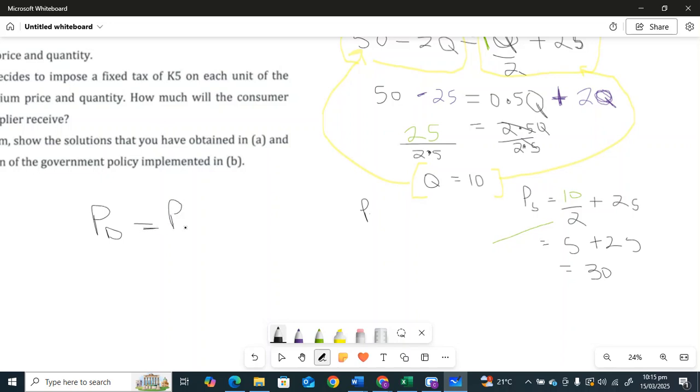But since a tax has been imposed, add the tax to PS. There's a value added tax, what you pay for the good includes the tax. Then the supplier and government will share that money together.